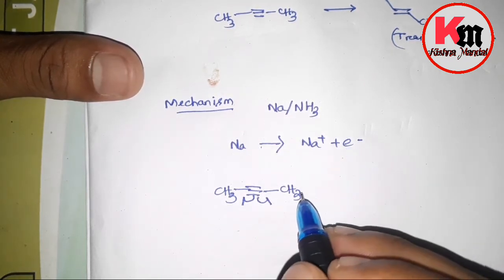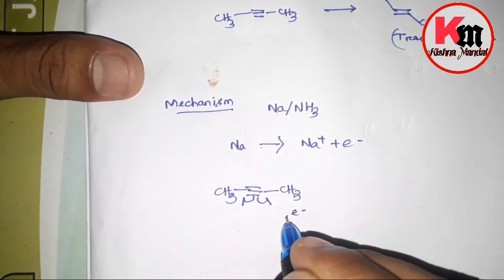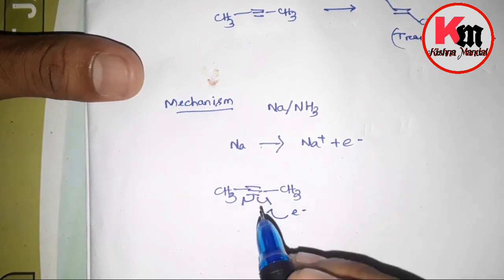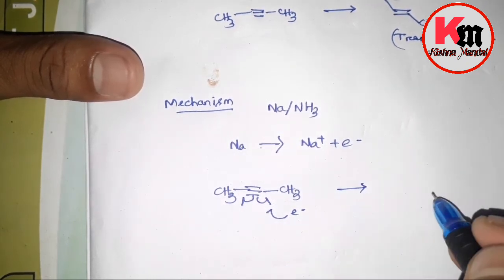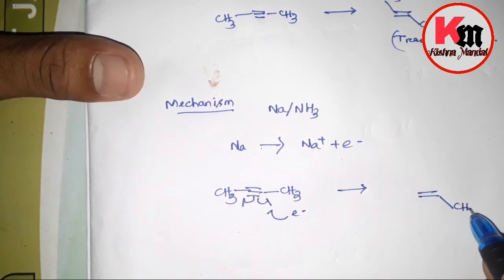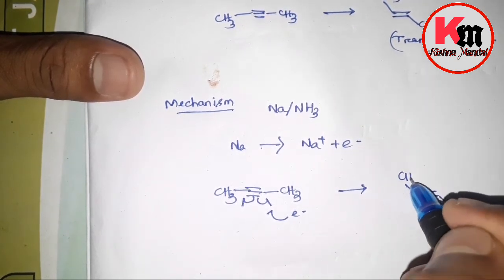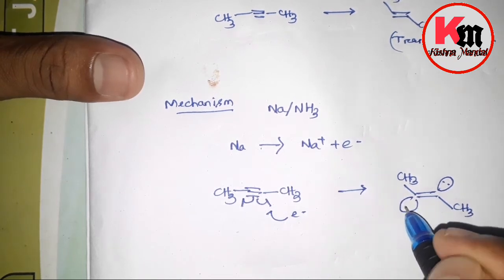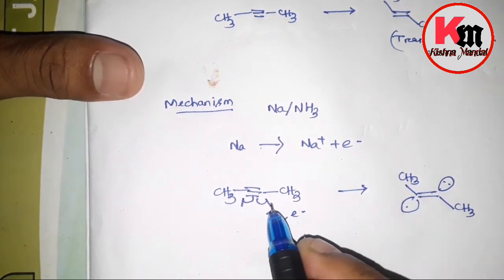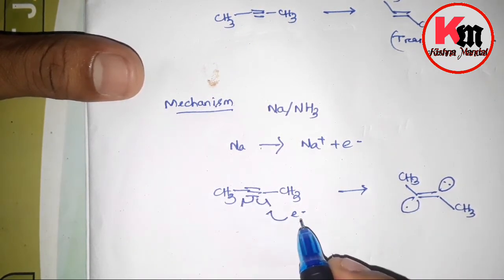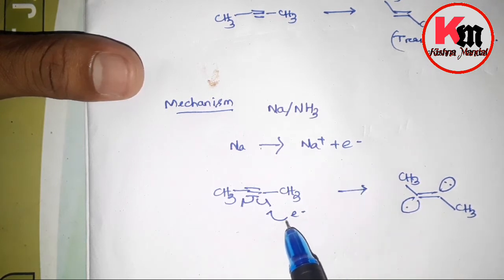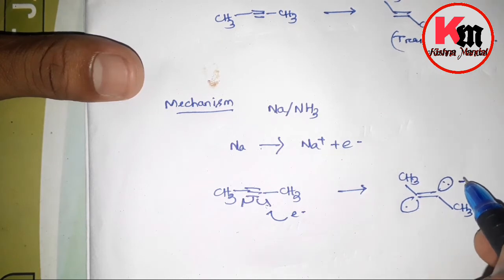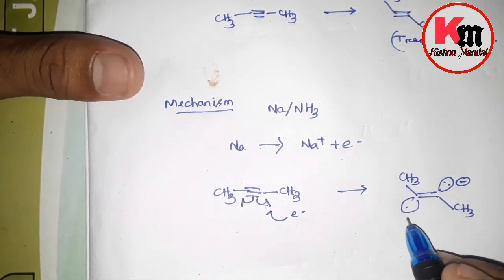Then this electron comes and pairs up with one of the electrons. Here you can see one electron from here and another electron from the metal. These two electrons came and paired up. Simply it converts to an anion, and here is a radical.